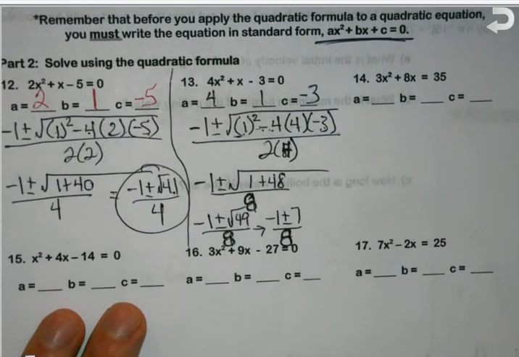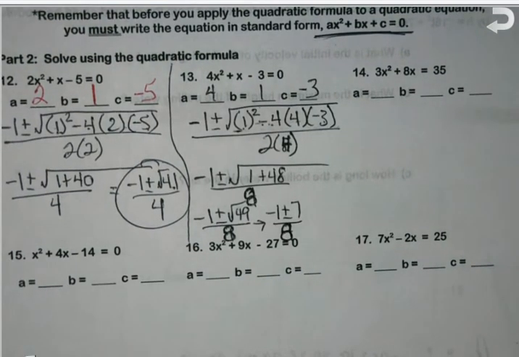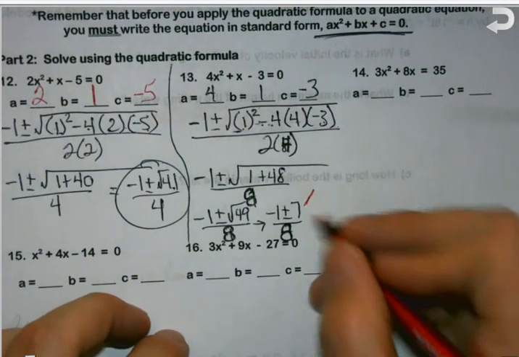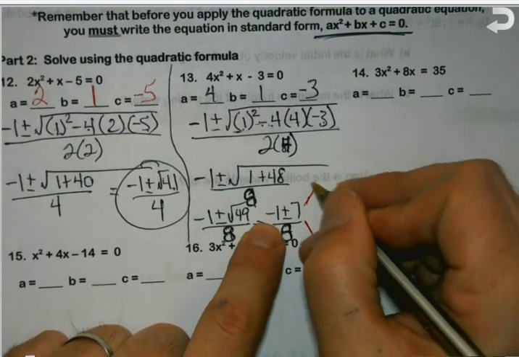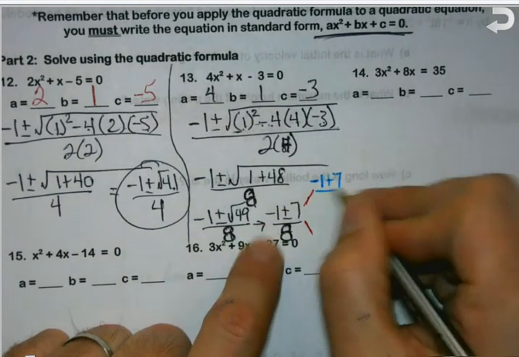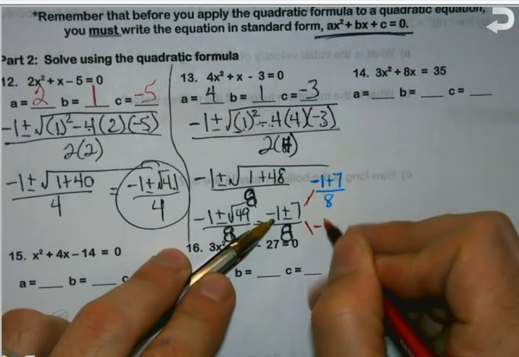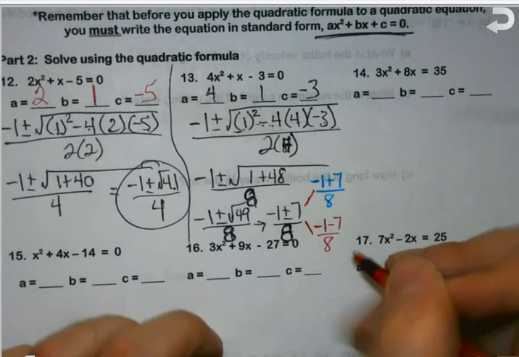So here, since I don't have any radicals at this point, since I actually can solve this, I'm literally going to break this up into 2 pieces and find the solutions. So my first one would be negative 1 plus 7 divided by 8. My other would be negative 1 minus 7 divided by 8.